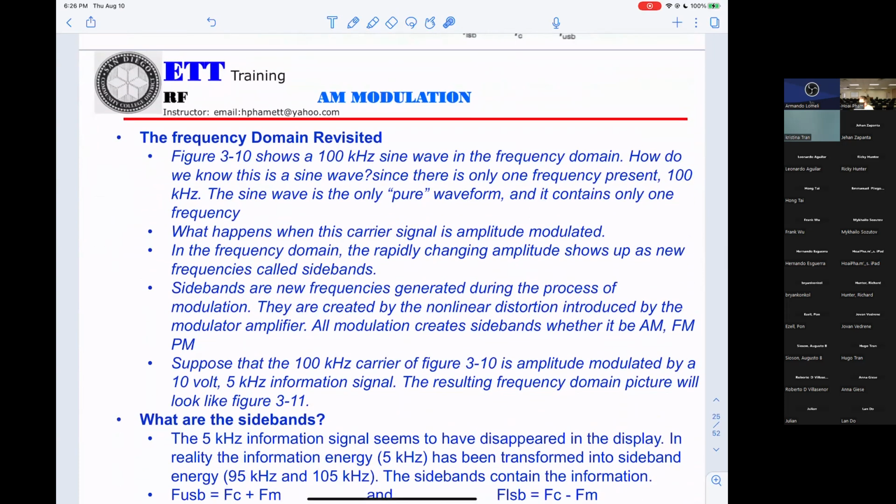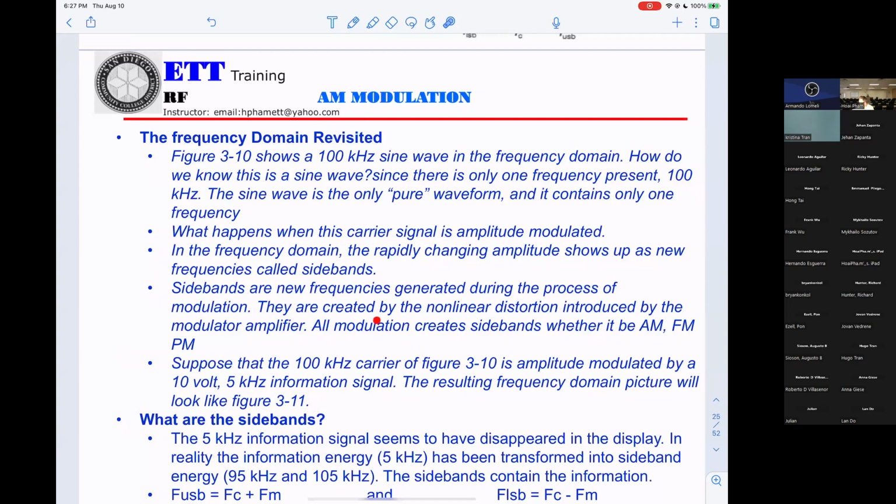What happens when this carrier signal is amplitude modulated? In the frequency domain, the rapidly changing amplitude shows up at a new frequency called a sideband. Sidebands are new frequencies generated during the process of modulation.